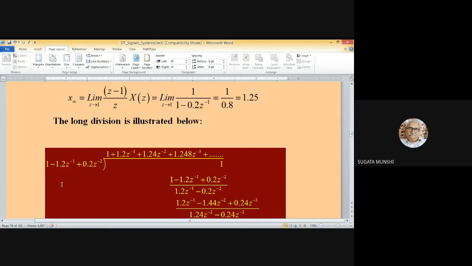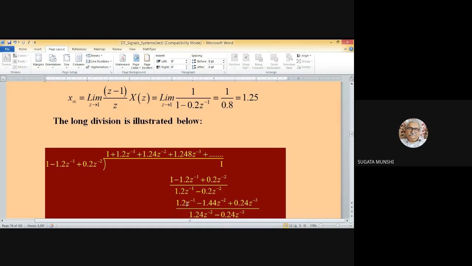How will you do that? Because you have 1 here, 1.2 z to the power minus 1 here will result in 1.2 z to the power minus 1. If you put it here, you will get 1.2 z to the power minus 1 times all these three terms.